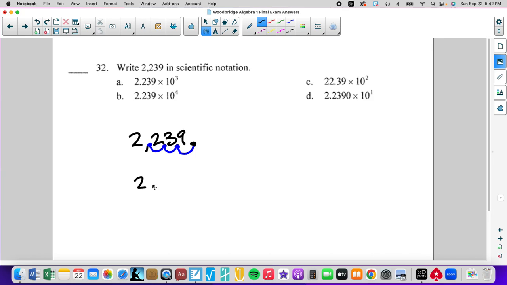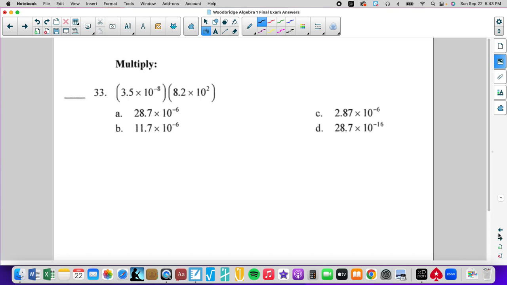If I move that decimal point to here, each place value is a 10, so that's 1, 2, 3, so that's 10 to the third. So my answer is going to be A. 2.239 times 10 to the third is its equivalency in scientific notation.